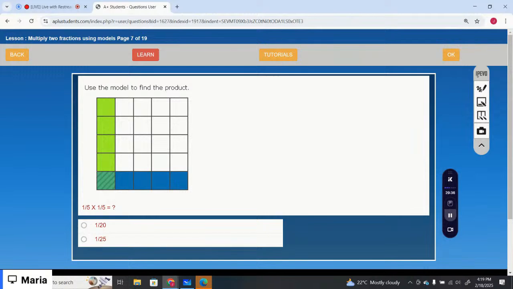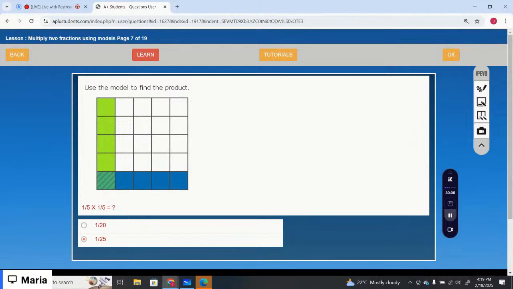One by 5 times 1 by 5. So which is the correct option? That is 1 over 25. Option number 2 is the correct option.